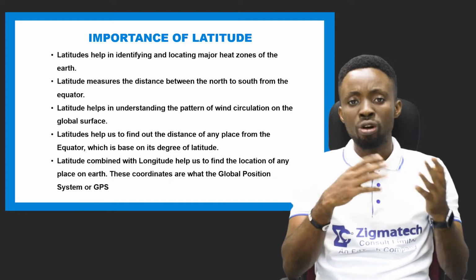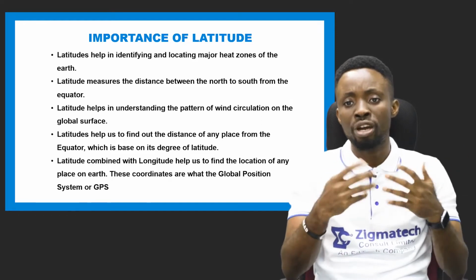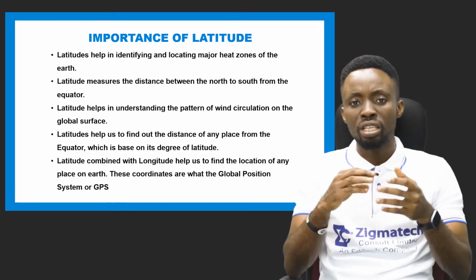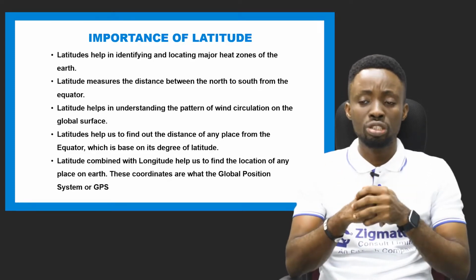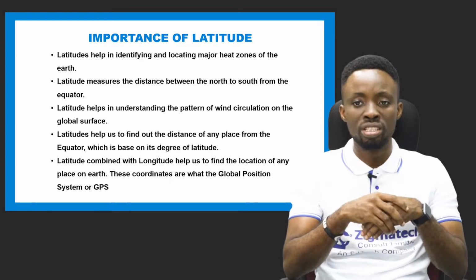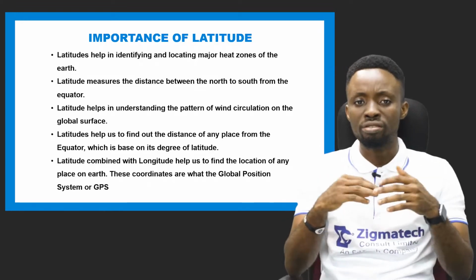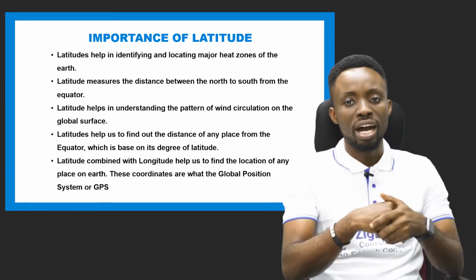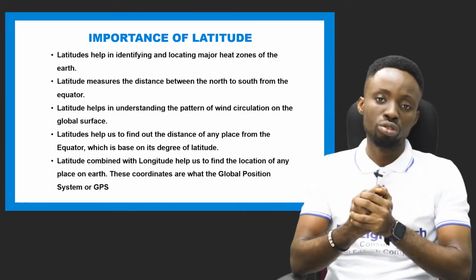And also, we combine latitude with longitude to find the location or position of a place. And these coordinates are called the Global Positioning System, that is GPS, and it's found in almost every modern day phone in the world today.